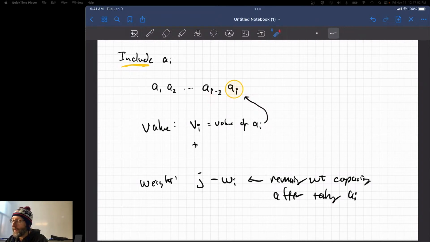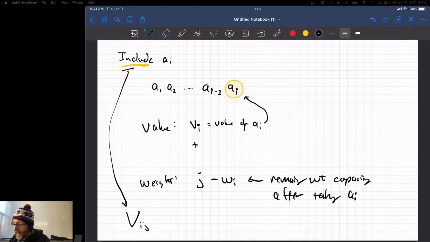That's somewhere over here, because there's some weight capacity and I jump all the way back somewhere else, with respect to weights. So altogether here, V sub ij, if I included I, is going to be the value of I minus 1, j minus w sub I, if we choose to include it.